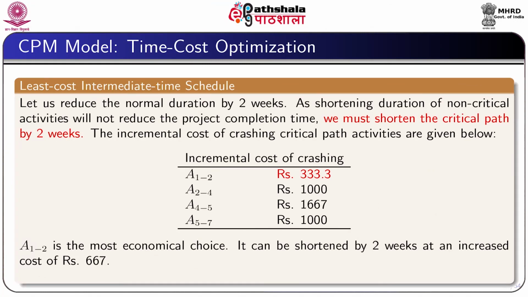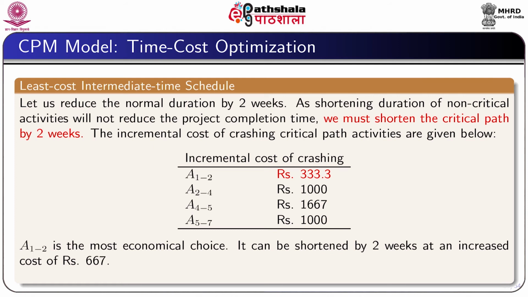The normal time schedule is a least cost schedule with a duration of 26 weeks. Let us think of reducing the duration by 2 weeks. As shortening the duration of non-critical activities will not reduce the project completion time, we must shorten the critical path by 2 weeks.